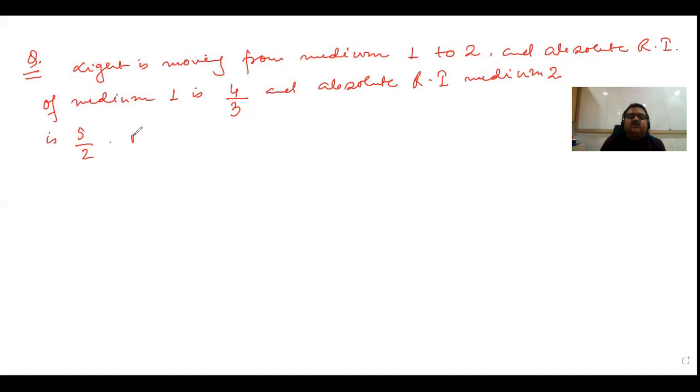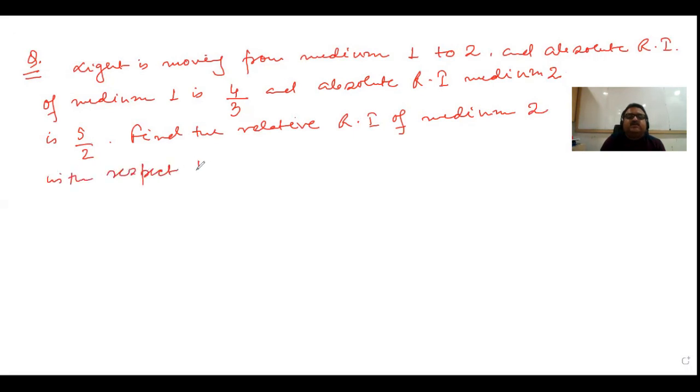Find the relative refractive index of medium 2 with respect to medium 1.